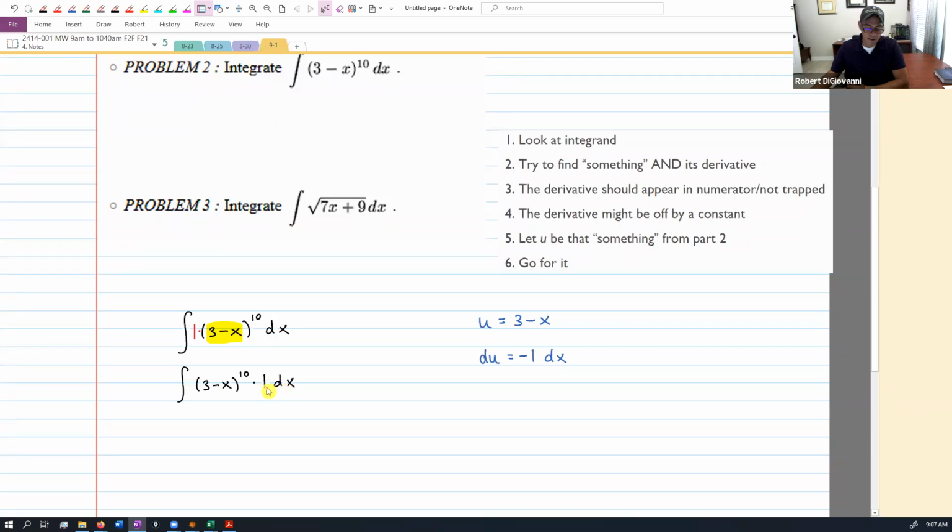This 1 dx is what we have, but over here, it's a -1 dx. So in order for us to get these two things to match, I'm just going to multiply both sides of this equation by -1. So I get negative du equals 1 dx. And when I do that, this now matches this. And we already knew that the 3 minus x was going to get replaced right there. Is that clear, everyone?